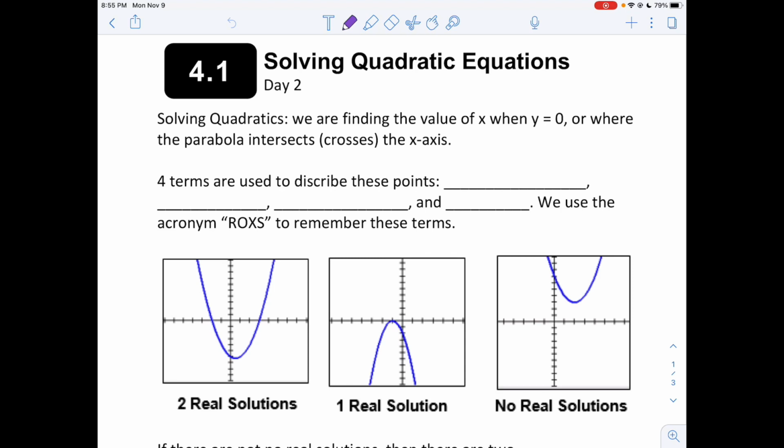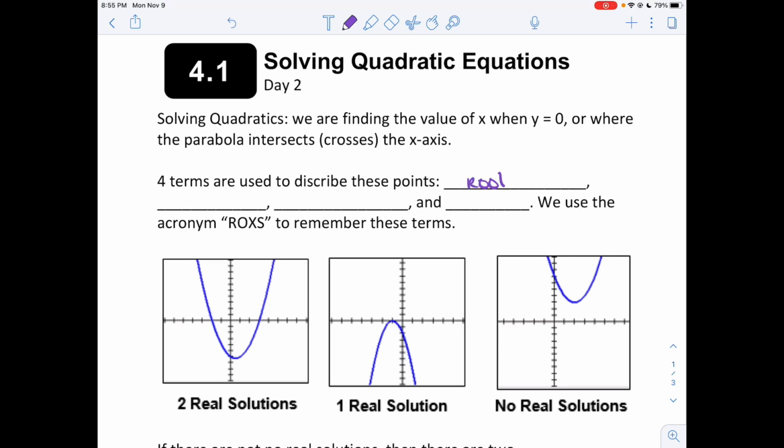So just want to remind you a couple things that we talked about last time. When we're solving quadratics, we're finding the value of x when y is equal to 0, or where the parabola intersects the x-axis. We talked about the acronym ROCKS last time, which stood for several different ways of describing our solutions.